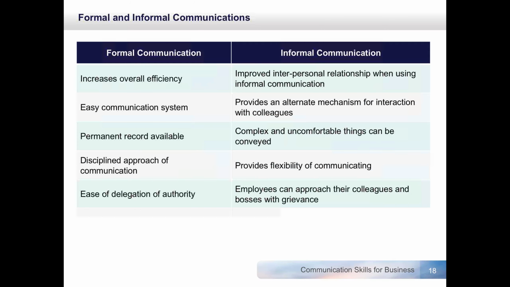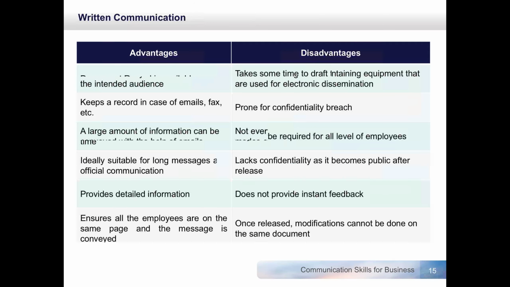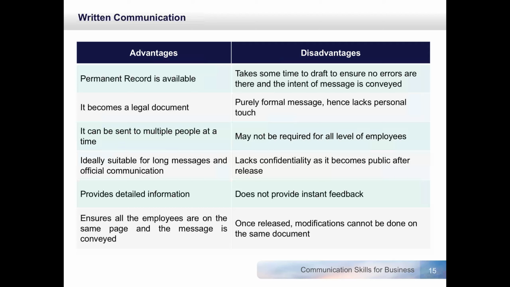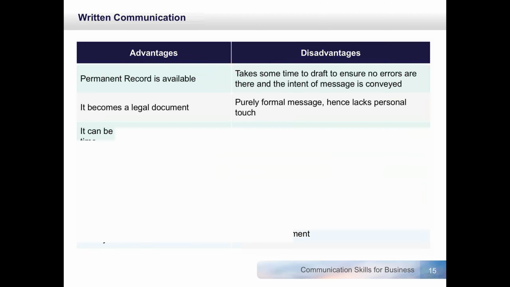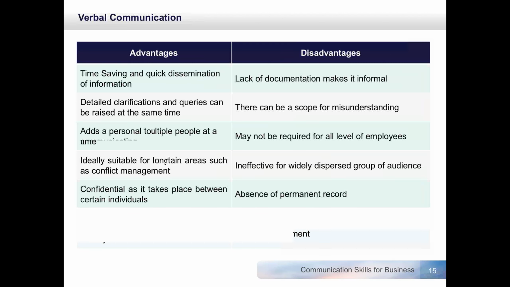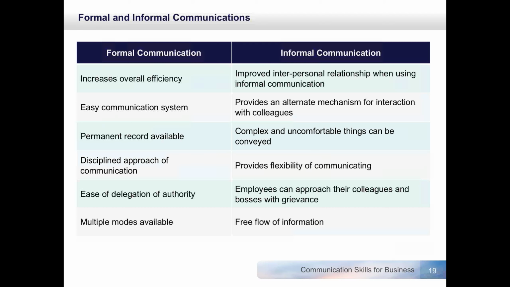So all these categories, we've listed them out as advantages and disadvantages. So just run through some of these slides, and they are self-explanatory. We also look at categorizing communication as formal and informal. So you're writing a letter to a council, and you're writing a letter to maybe a friend. That would constitute formal communication, formal written communication in a way.